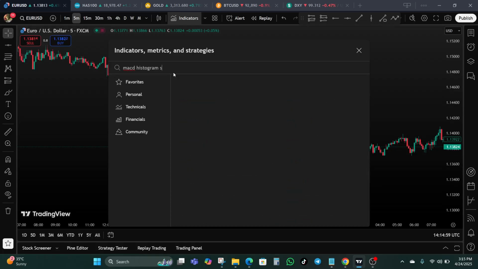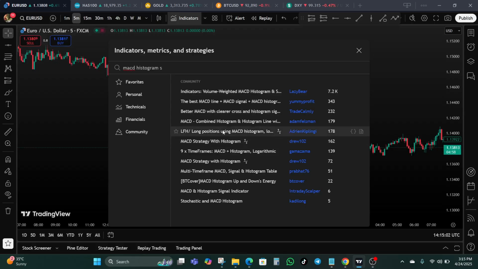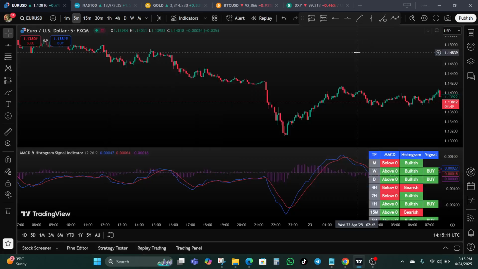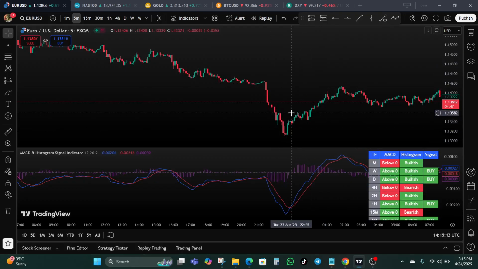Sometimes the naming of these indicators can be quite confusing. Let's look at this. All right, now this is not the standard MACD, right?